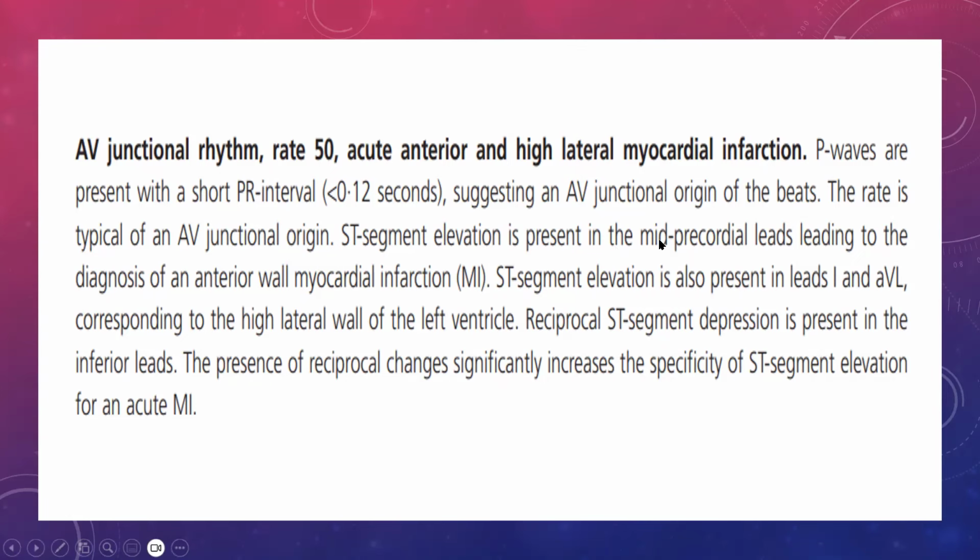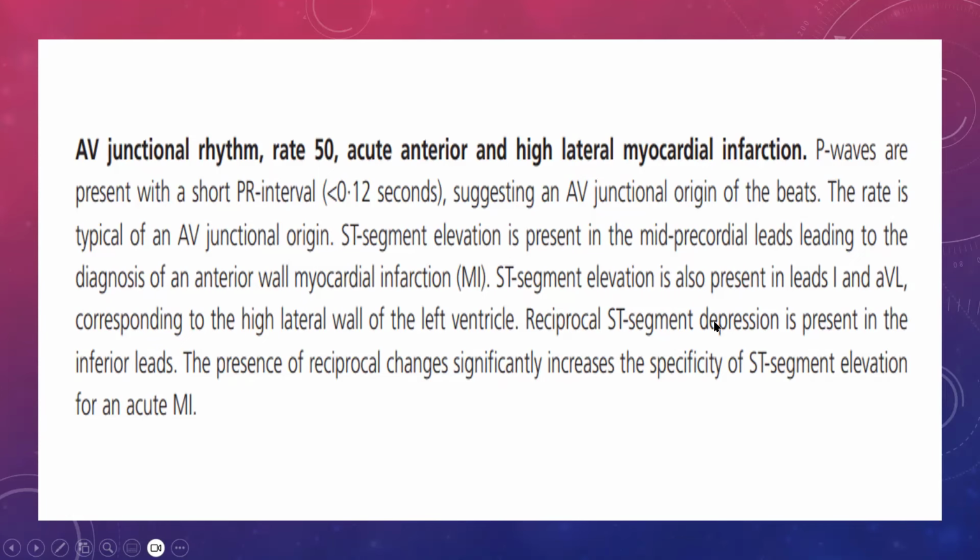ST segment elevation is present in the mid-precordial leads, leading to the diagnosis of anterior wall myocardial infarction. So V2, V3, V4, and even V5 to a small extent. And ST segment elevation is also present in leads 1 and AVL, corresponding to the high lateral wall of the left ventricle, as we had seen.